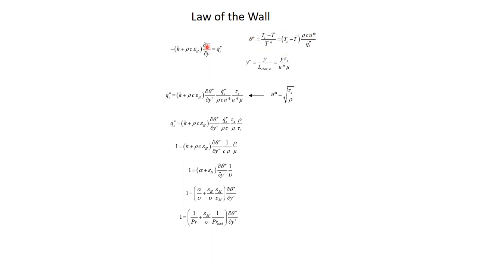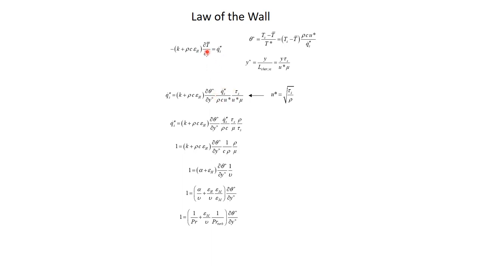So if I have a derivative of T bar, that's going to be a derivative of theta plus multiplied by my normalizing, or my eddy temperature fluctuation, which is q dot s double prime divided by rho c u star, right? So this dT bar became d theta plus multiplied by this guy right here.